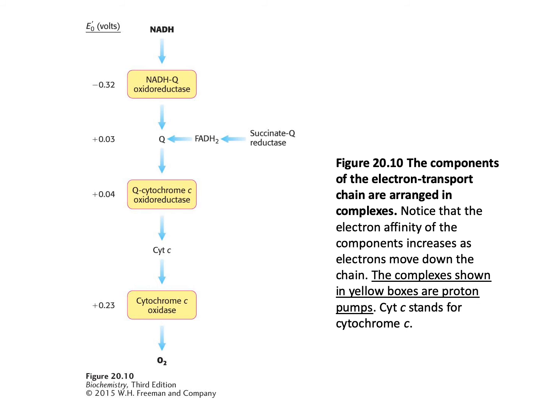The electron affinity is increasing down the chain. The complexes shown in yellow boxes, which are complex 1, 3, and 4, are proton pumps. Whereas succinate reductase, complex 2, is not a proton pump.